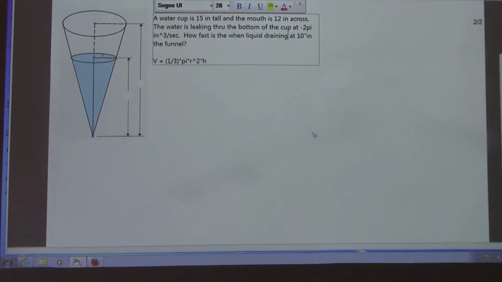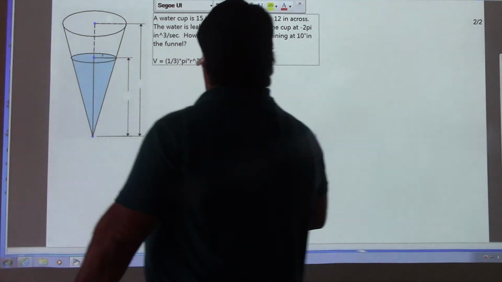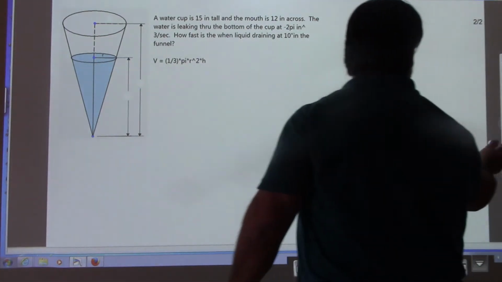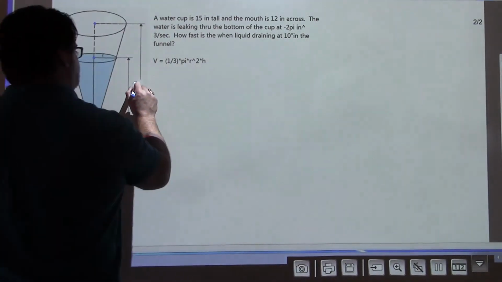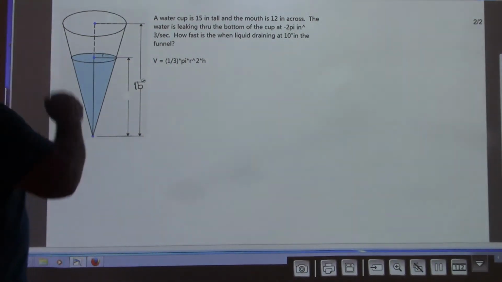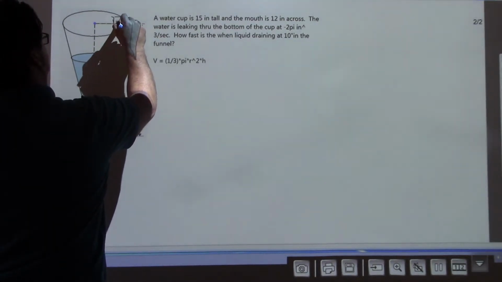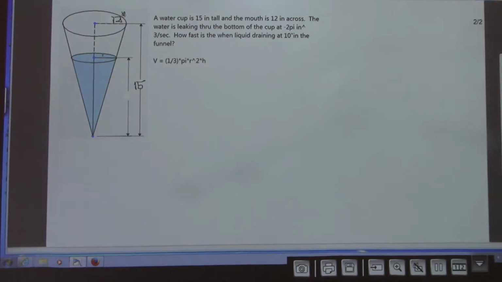So, let's do it. So we've got the water cup is 15 inches tall, and the mouth is 12 inches across. The water is leaking through the bottom of the cup.